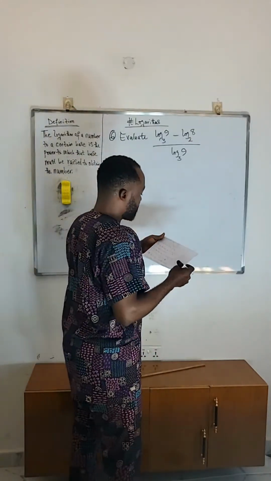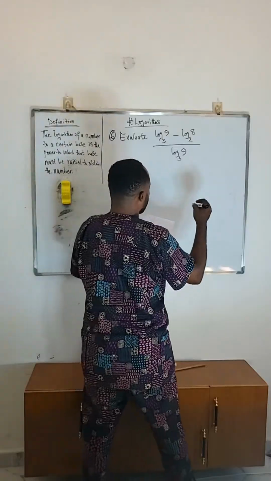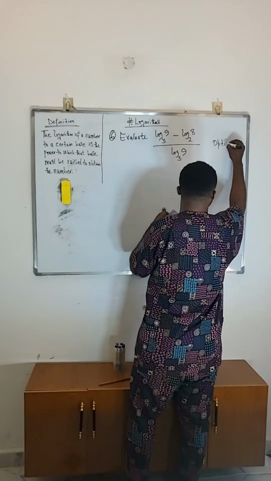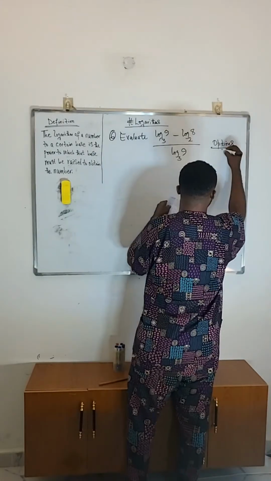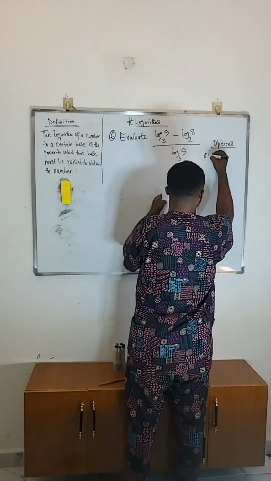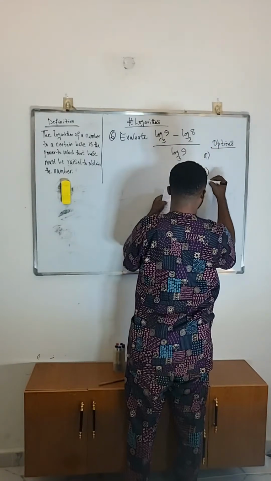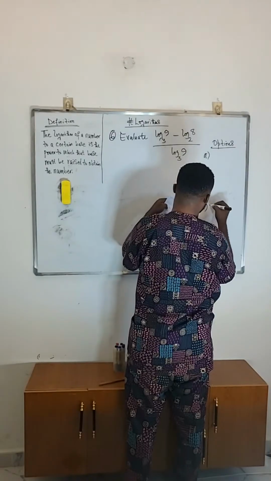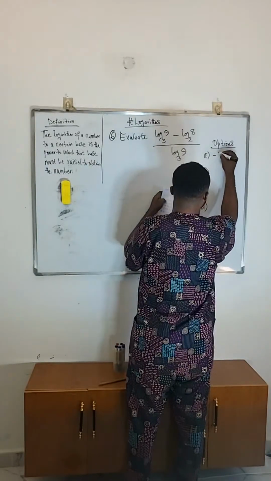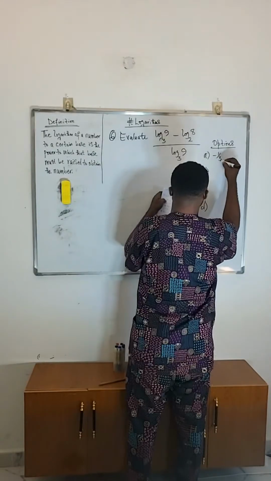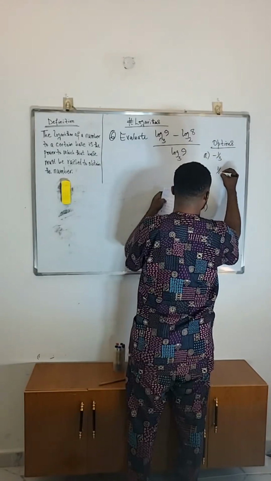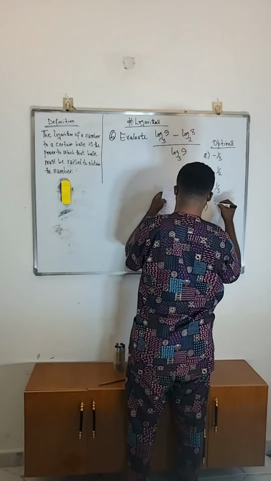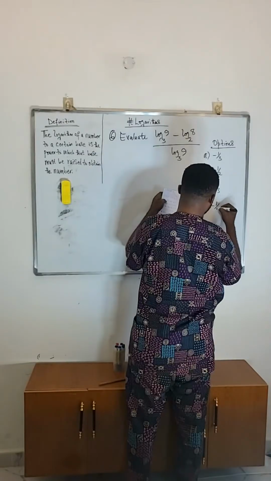And this one has options. There is option A, option B, option C, and option D. So option A is 1 over minus 1 over 3, B is 1 over 2, C is 1 over 3, and then D is minus 1 over 2.